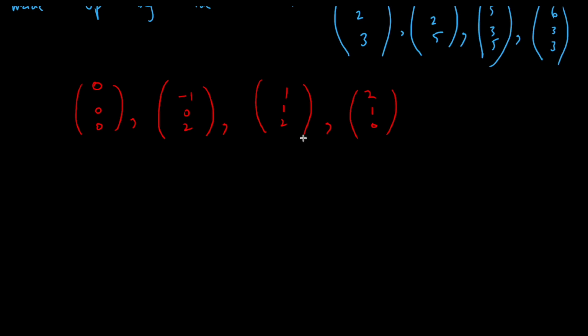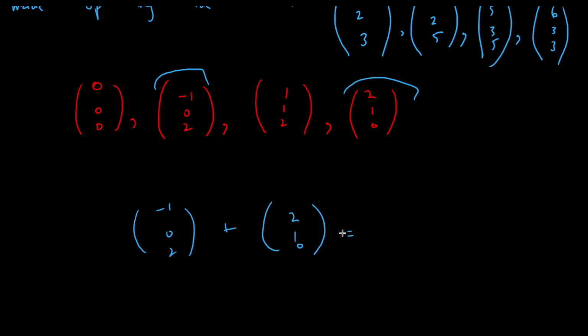Now, let's see something here. What if we add up these two vectors? (-1, 0, 2) plus (2, 1, 0) is equal to (1, 1, 2). Well, that's just the same thing as this.